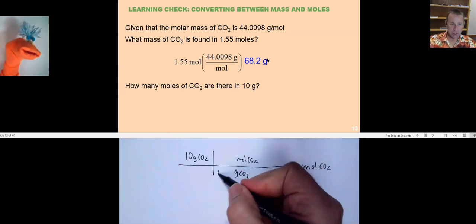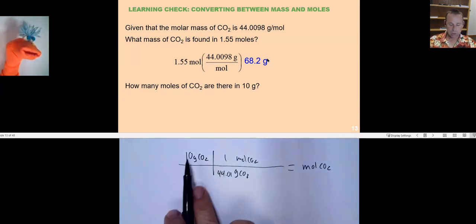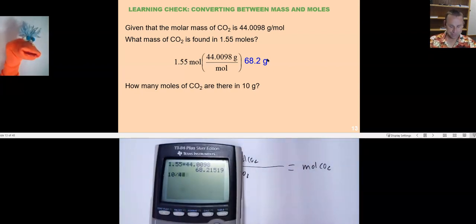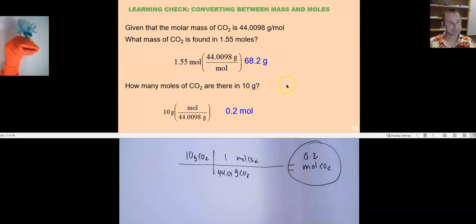There's that 44.01 grams for every 1 mole. So 10 divided by 44 is going to be 0.227, and really just one significant figure here, so about 0.2 moles of carbon dioxide.